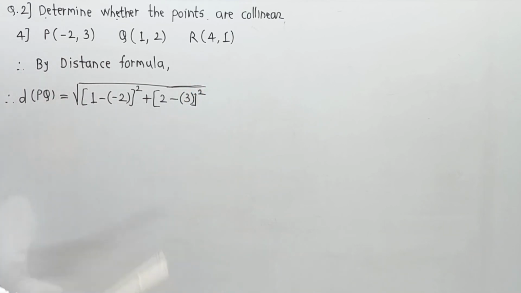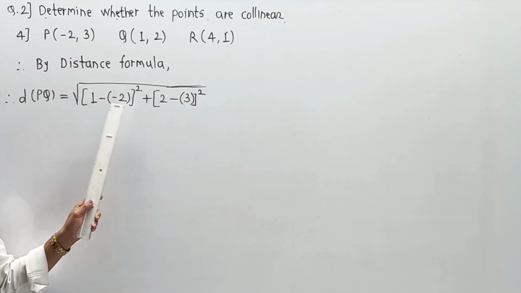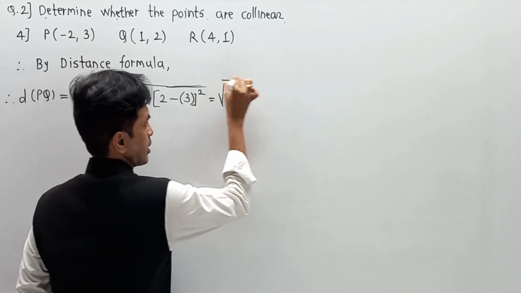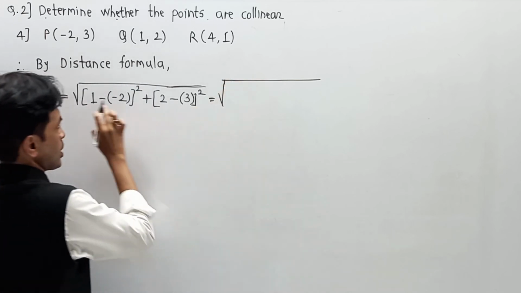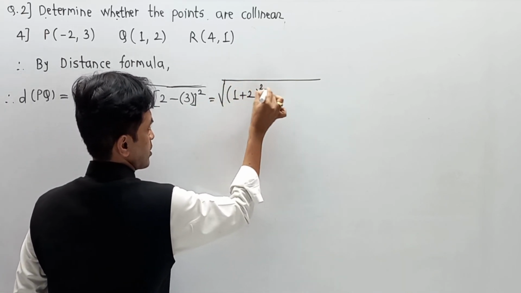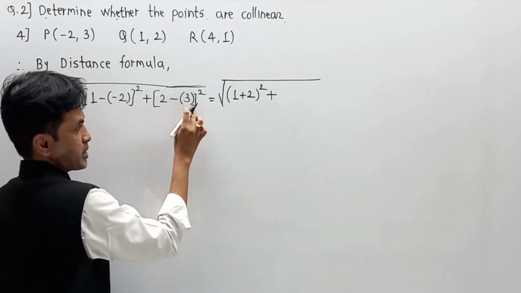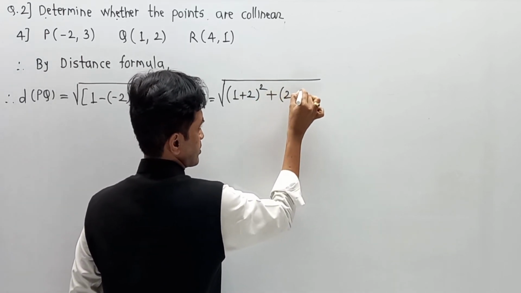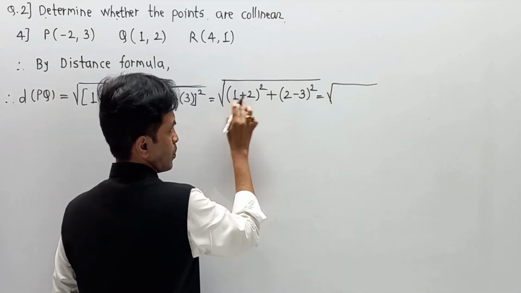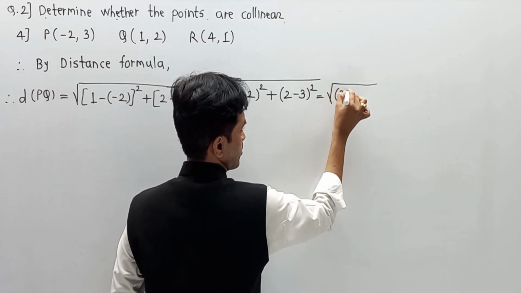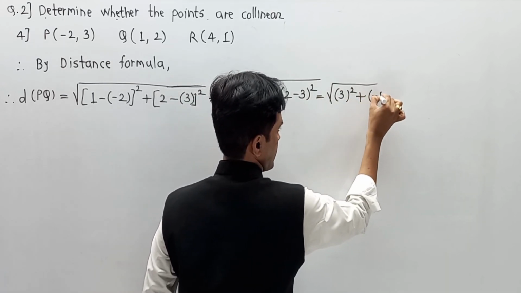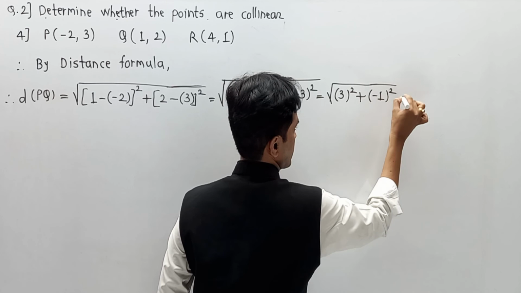Now simplification of this step. 1 minus of minus 2 means 1 plus 2. So writing that step over here, under root of (1 plus 2) square plus (2 minus 3) square is equal to (1 plus 2 means 3) square plus (2 minus 3 means minus 1) square.